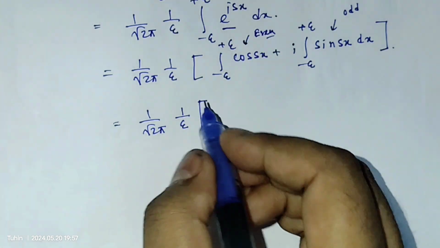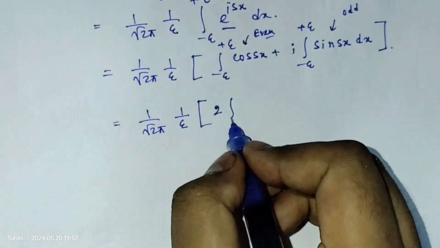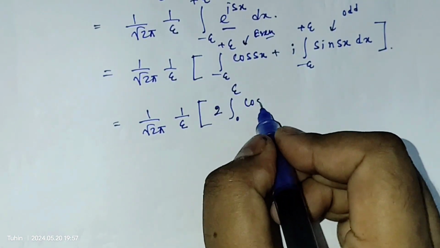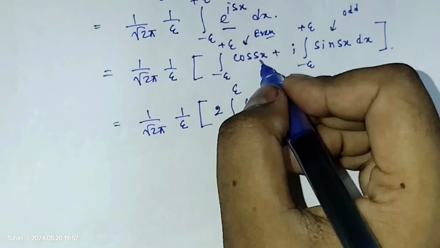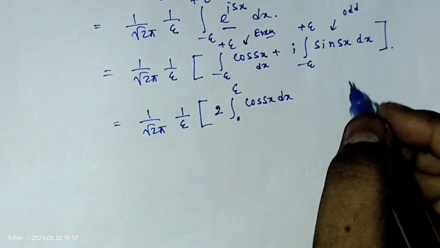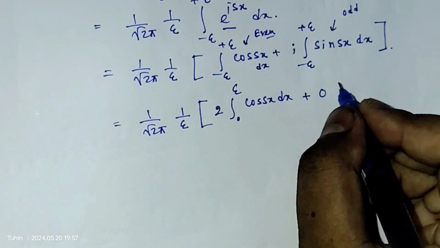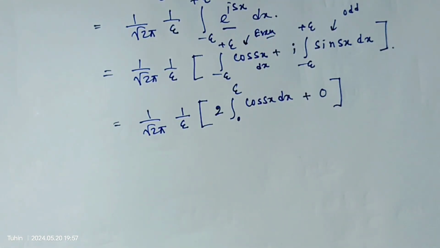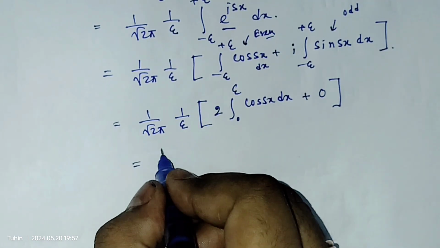So 2 times the integral from 0 to epsilon of cos sx dx, plus 0. I forgot to write dx here. Here I think it is very easy. Now you can do it.